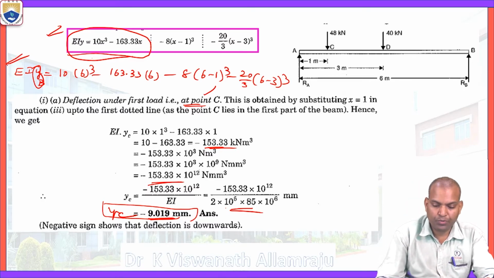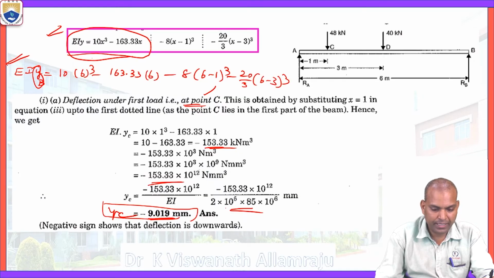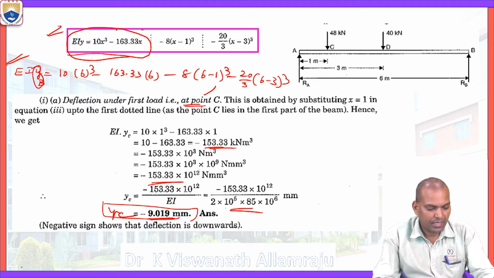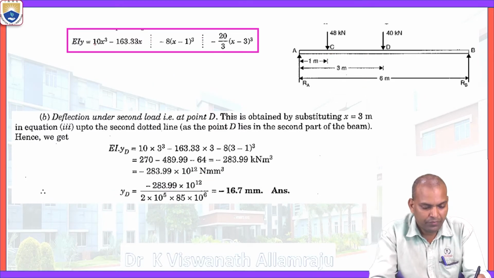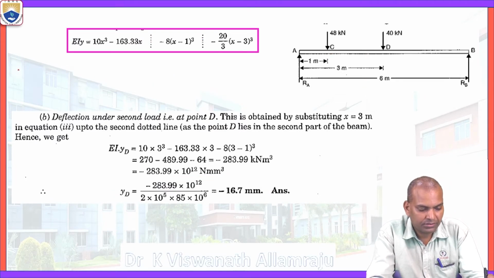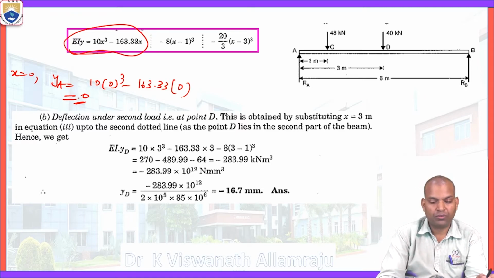How did we get it at support A? At support A, x equal to 0. In the first portion, YA is 10 into 0 cube minus 163.33 times 0. Then the deflection at support A is 0.